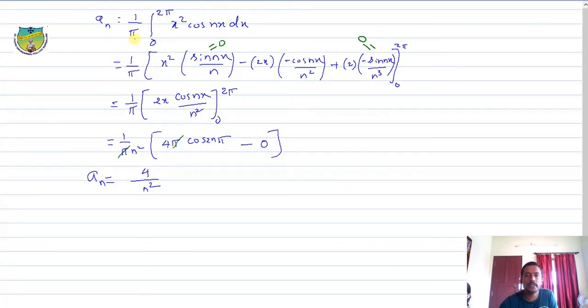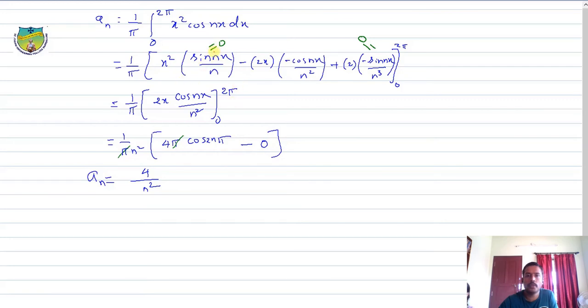So in this case, an will be x square, again the function value is x square, cos nx dx. We use integration by parts: x square will remain, the cos integration is plus sin, and then the derivative of x square is 2x, the sin integration is minus cos, again the derivative of 2x is 2, and then the minus cos integration is minus sin.